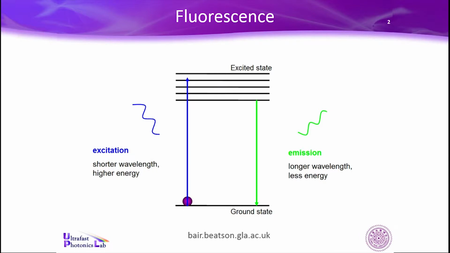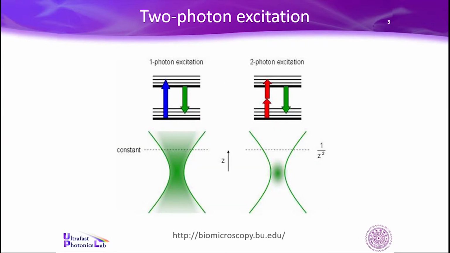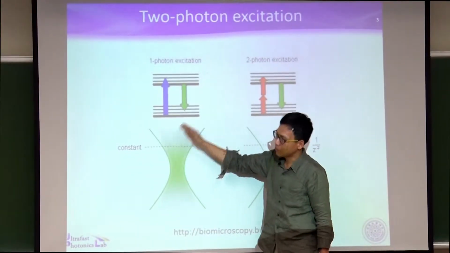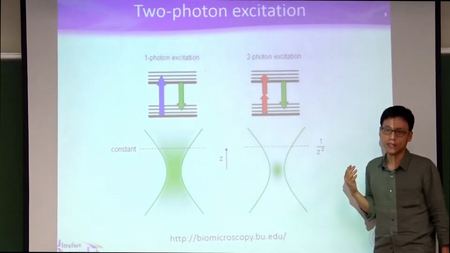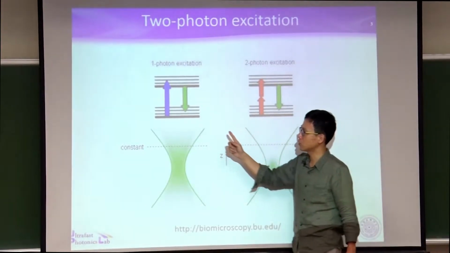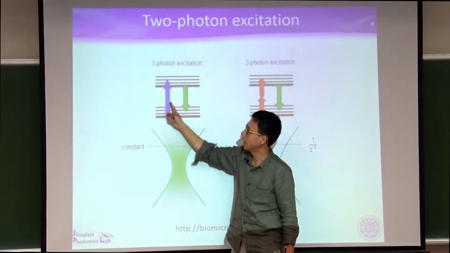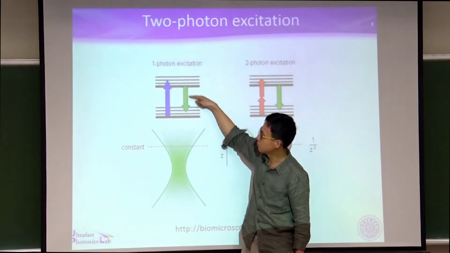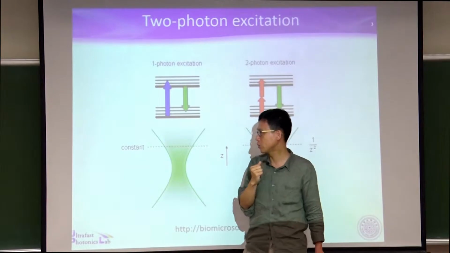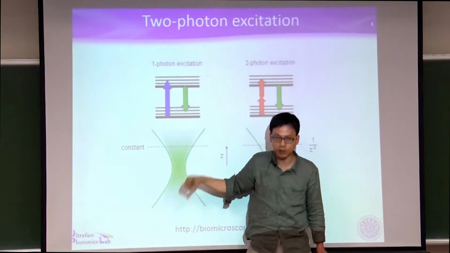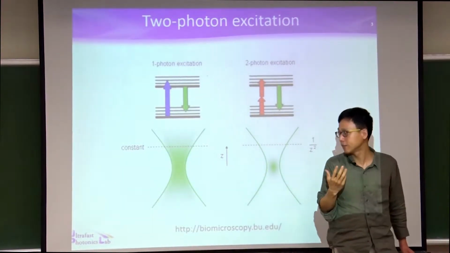Okay, then we can talk about two-photon excitation. This is a very straightforward comparison. The left-hand side shows one-photon excitation, very similar to the previous slide. You have excitation photon. Energy is big enough such that transition is possible. You have emitted photon with smaller photon energy. And the bottom one shows the focusing of the laser beam.